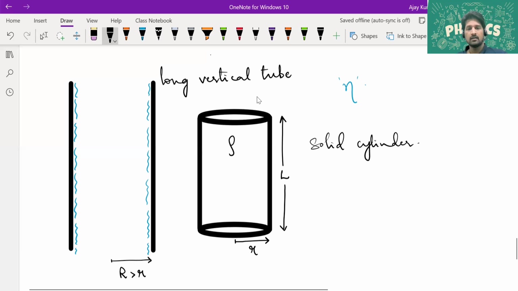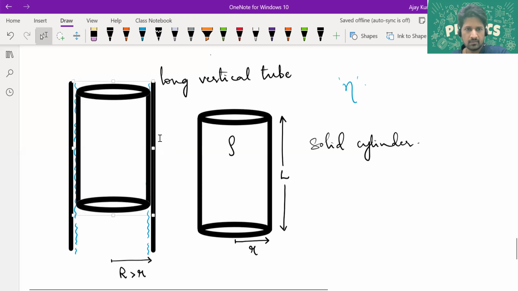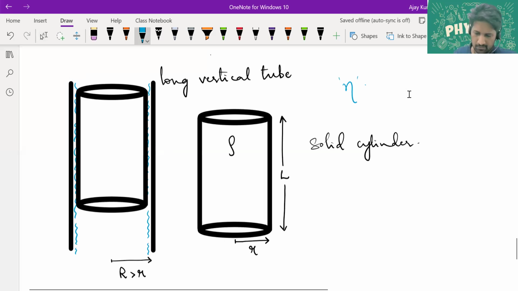Now, this cylindrical object is placed inside that tube like this. The gap between them is filled with the oil.